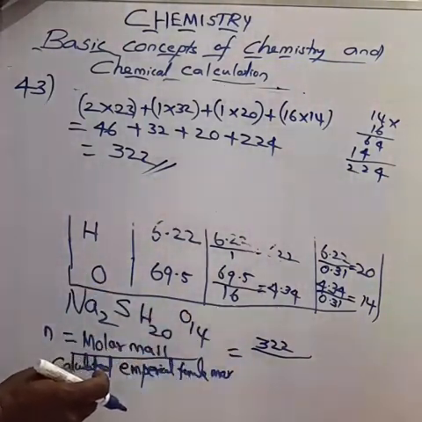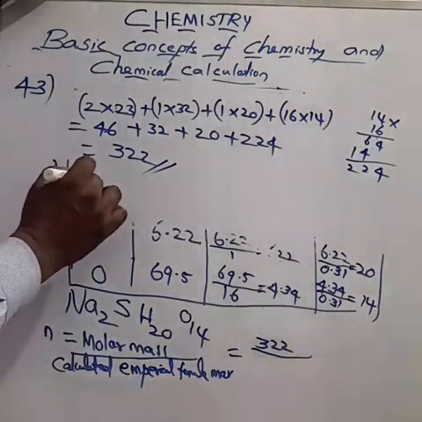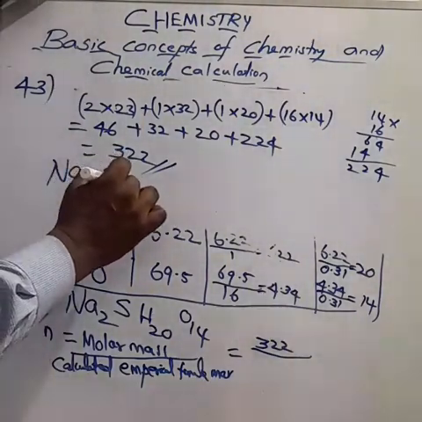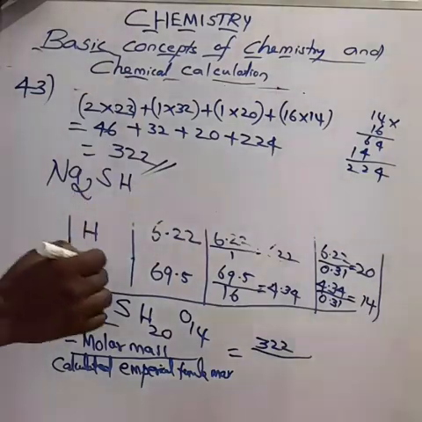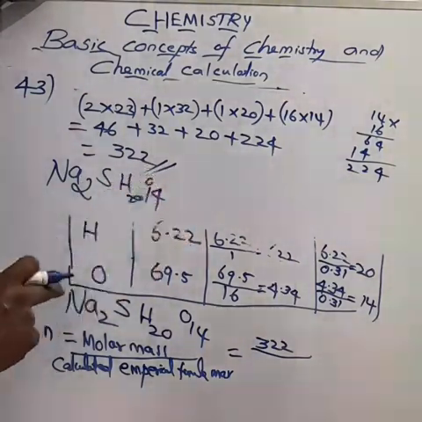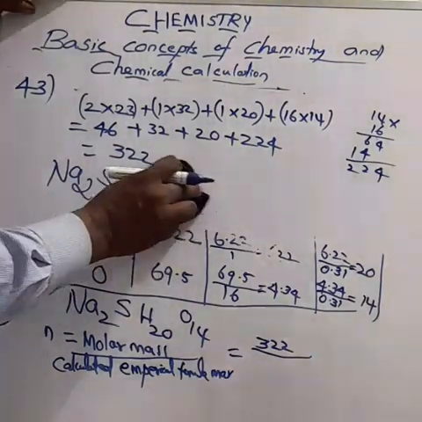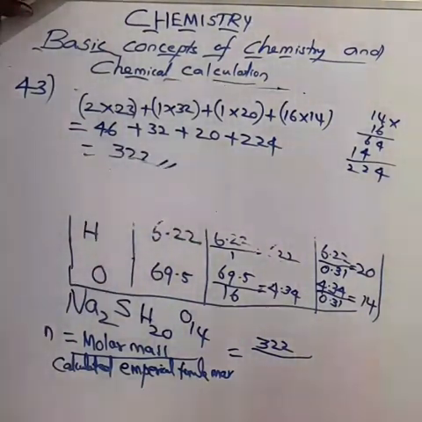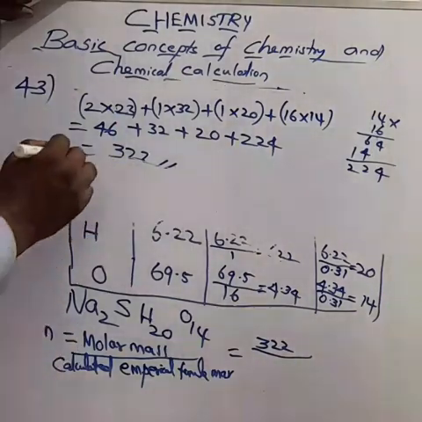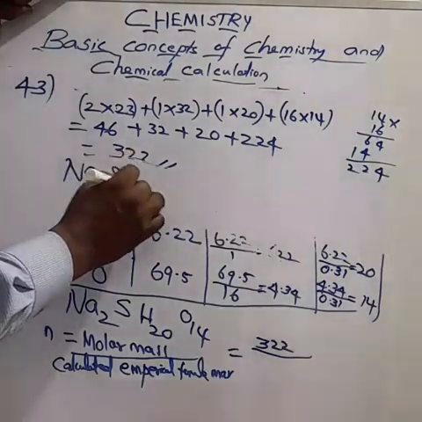So the molecular formula. What is the molecular formula of this compound here? Na2SH20O14. This formula can be changed and written as sodium sulfate. What is the formula for sodium sulfate?